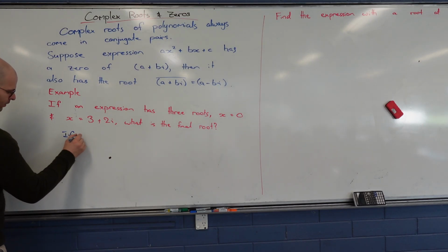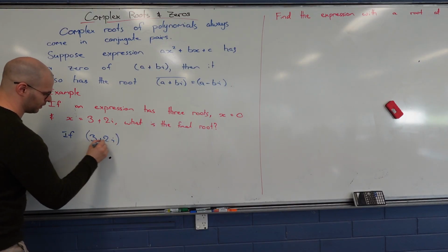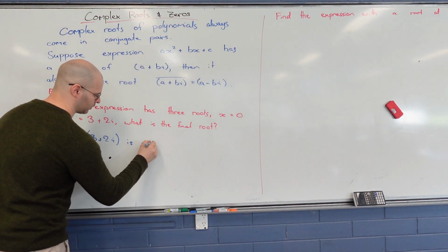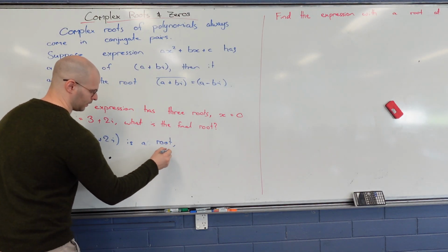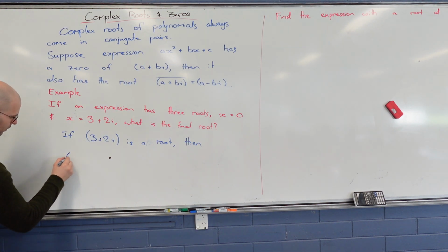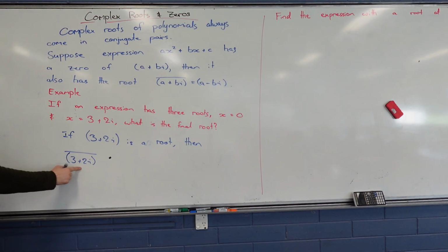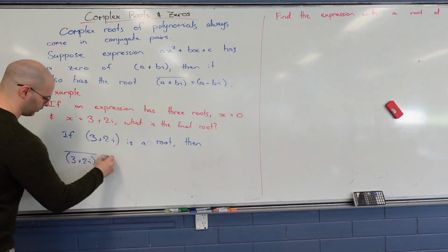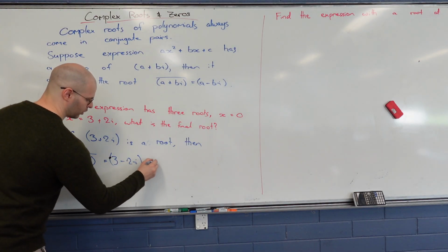If 3 plus 2i is a root, then the conjugate of 3 plus 2i, which is 3 minus 2i, is also a root.